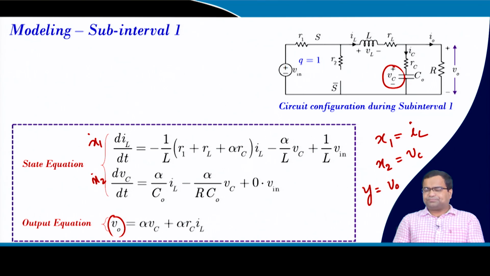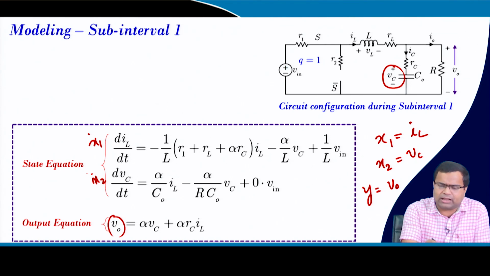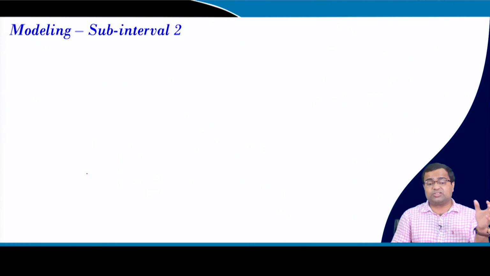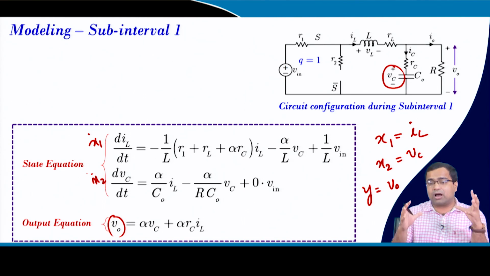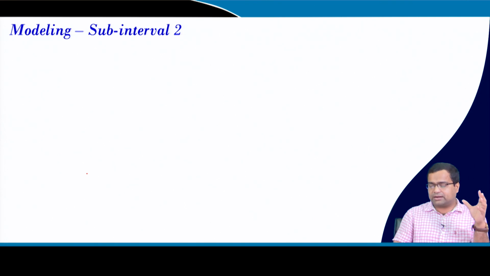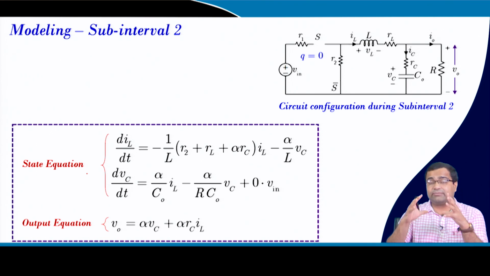So, you can write the state space model for 2 different switch configurations, that means sub interval 1 when the switch is on, and then you can write the same equation for sub interval 2 when the switch is off.